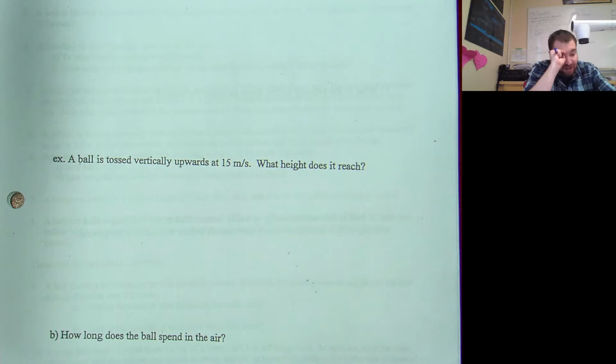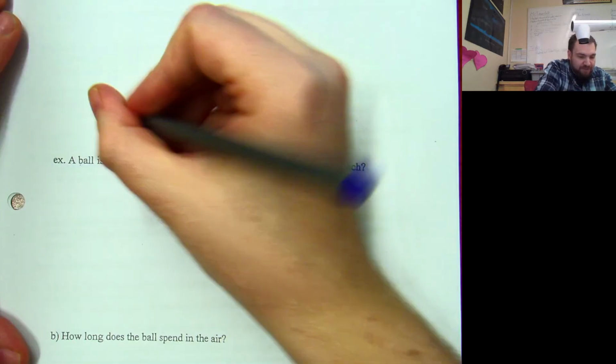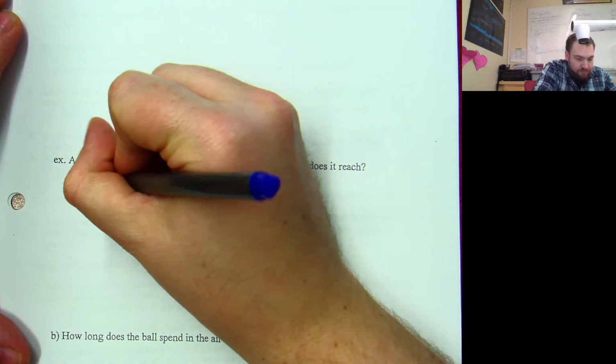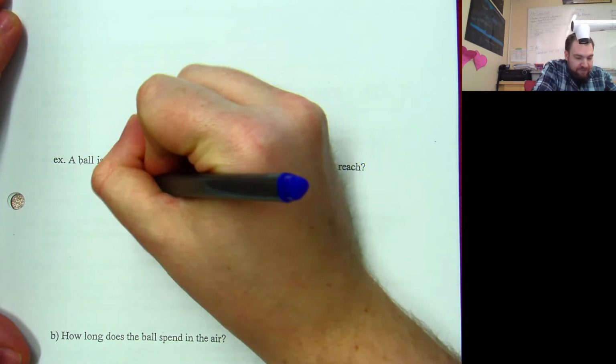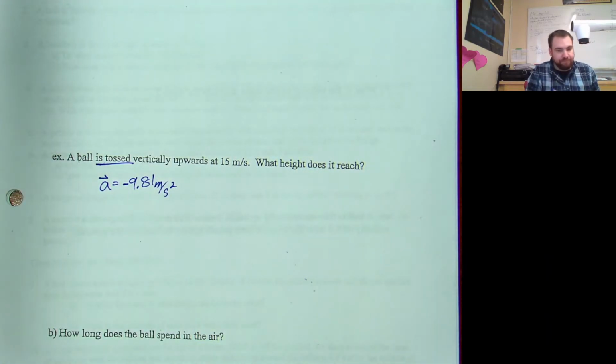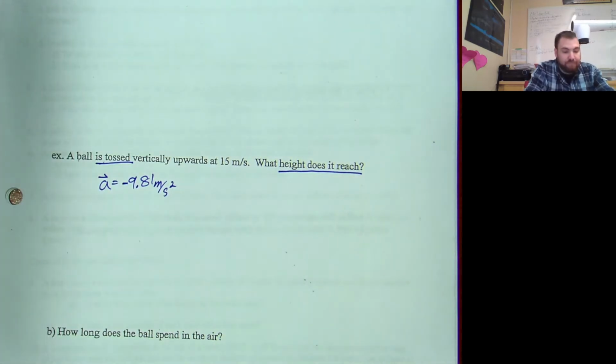Here, if a ball is tossed vertically upwards at 15 meters per second, what can we assume? What's the first thing we can assume? Because this thing is tossed, that tells us the acceleration is 9.81 or negative 9.81 meters per second squared. Manuel, you could assume that the max height is the same as when velocity is 0.